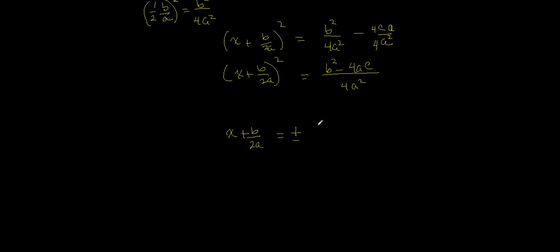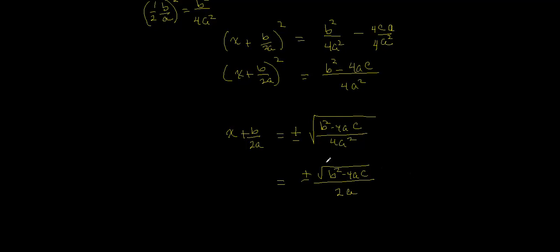So we're going to get the square root of b squared minus 4ac all over 4a squared, like this. Simplifying the denominator a little bit, I will get plus or minus radical b squared minus 4ac all over the square root of 4, which is 2, the square root of a squared, which is a.